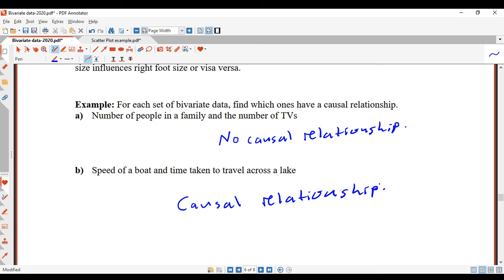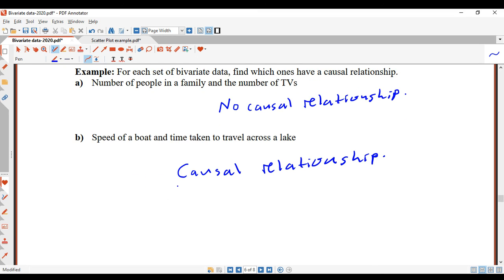You can't definitely say that the number of people in the family causes the number of televisions in the household. Or you couldn't say the number of televisions causes the number of people in the family. So you've got to be careful there, but there's a causal relationship in the second example there.